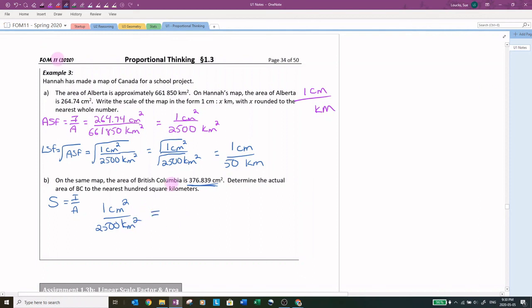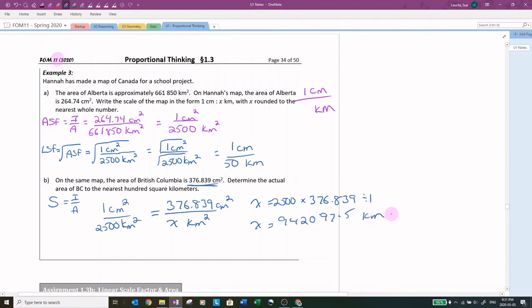And so we know that the image of BC is 376.839 centimeters squared. So we can put the x kilometers squared in the denominator, and we can cross multiply to solve that. So x equals 2,500 times 376.839 divided by 1. x equals 942,097.5 kilometers squared.